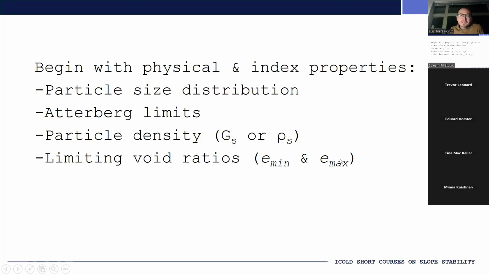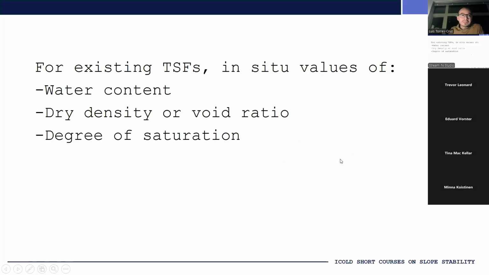Further to these, the bulletin also mentions that for existing tailings storage facilities, one should aim to establish values of water content and the dry density. If you have the dry density and you also know the specific gravity of your solids, then you can also calculate the void ratio and the degree of saturation.